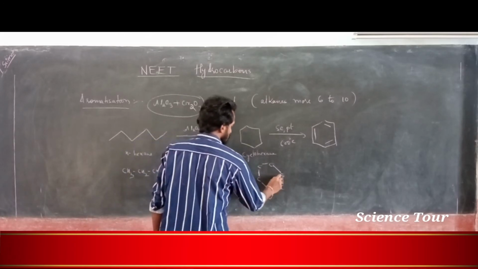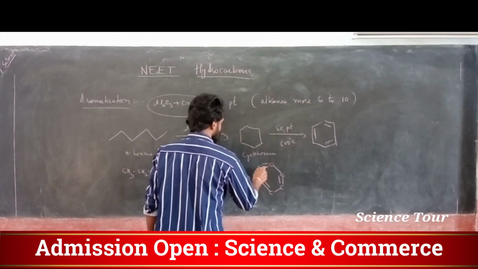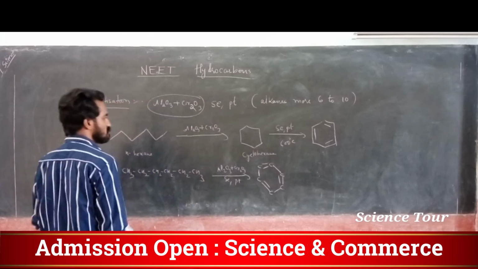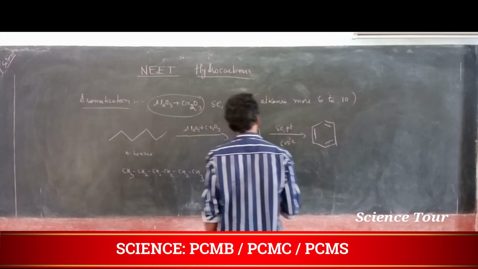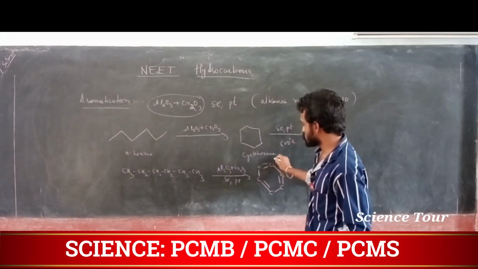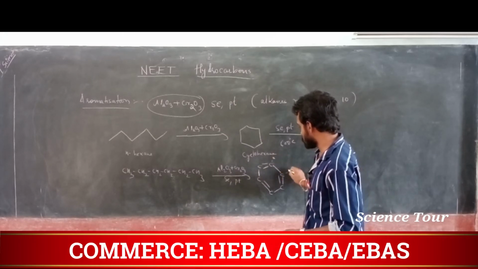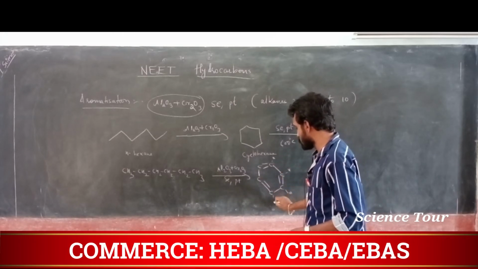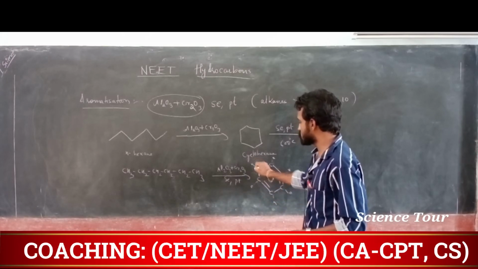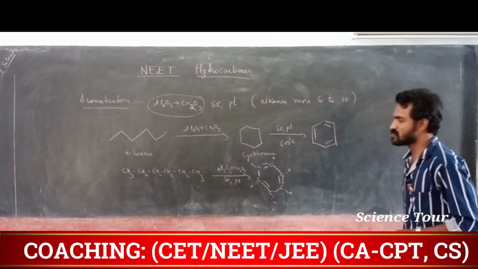So you are putting double bonds here, alternate double bonds. Here CH is there, CH is there, CH is there, CH is there, CH is there, CH is there. Same thing you are writing, understood, my dear students?